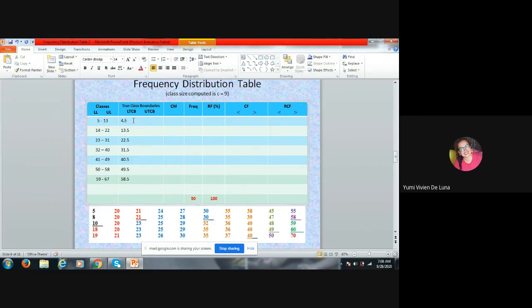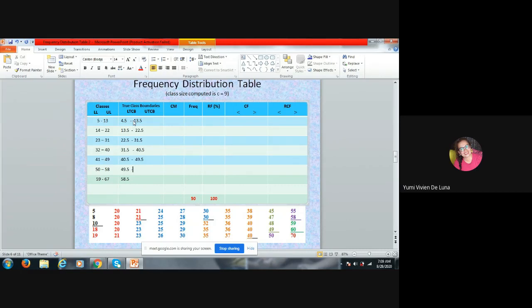Okay, adding, we have 13 plus 0.5 will give us 13.5. 22 plus 0.5 will give us 22.5. 31 plus 0.5 will give us 31.5. 40 plus 0.5 will give us 40.5. 49 plus 0.5 will give us 49.5.